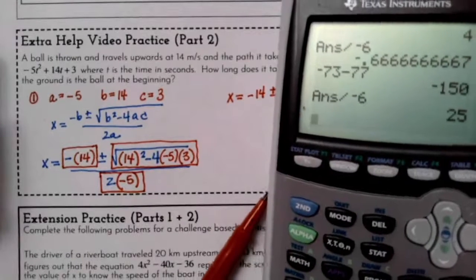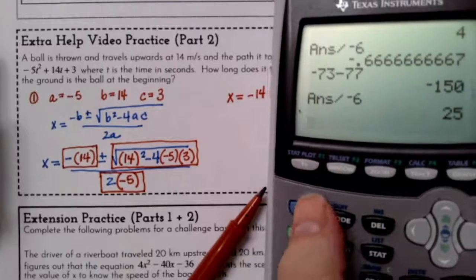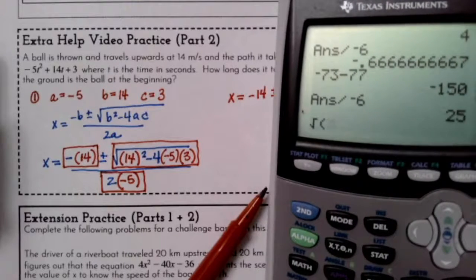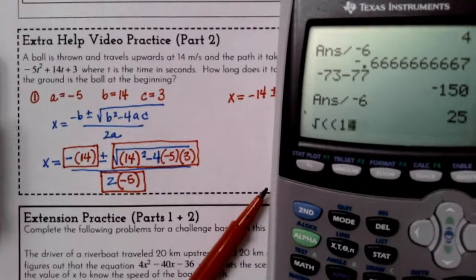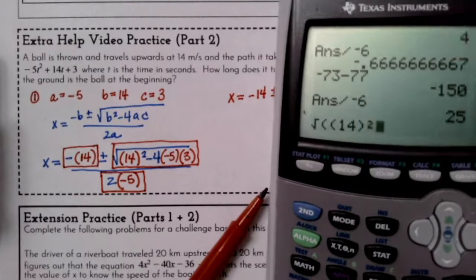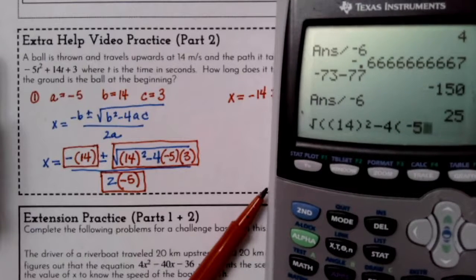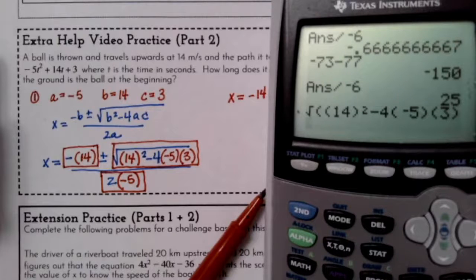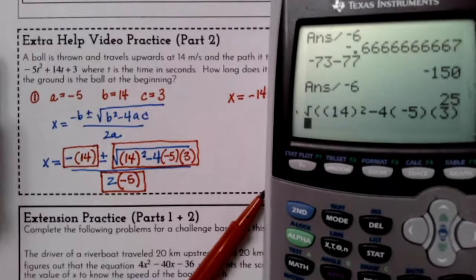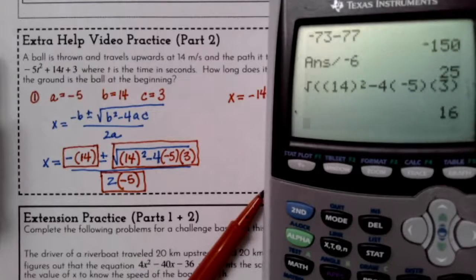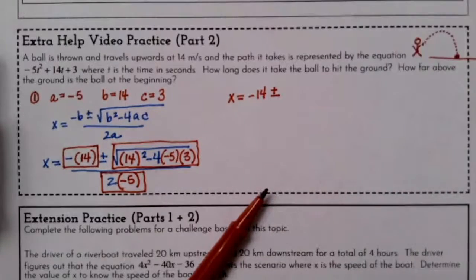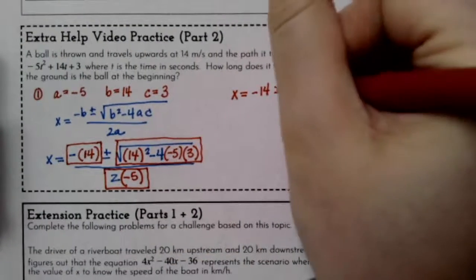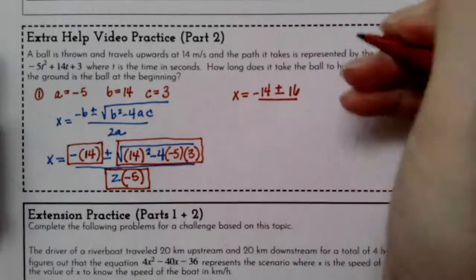So I'm going to type in exactly as you have it written. So the square root, then parentheses 14 squared minus 4 parentheses negative 5 parentheses 3. So it should look exactly as you have it written on your paper. And we hit equals and we get 16. Remember, if you get a decimal, you want to round to 2 decimal places.